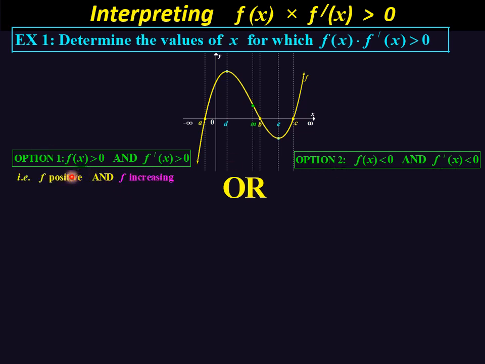Now let's look at the f positive first. So what does this mean? This means the f must be positive. Where is the graph positive? And at the same time, where is it increasing? So let's look at this here. Can you see there's the positive part of the graph? So first try to see where is it positive. There it is. So there you know it is positive.